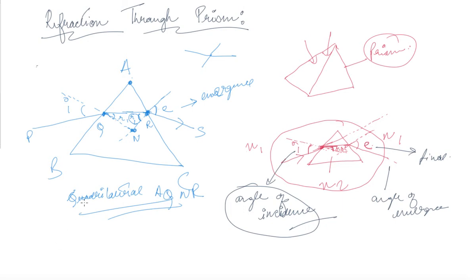Now, if you look closely, angle A plus angle QNR is equal to 180 degree. Now, why is this 180 degree? Because this is a cyclic quadrilateral.